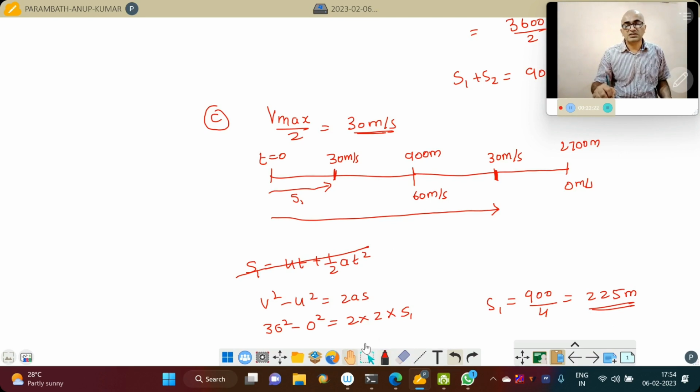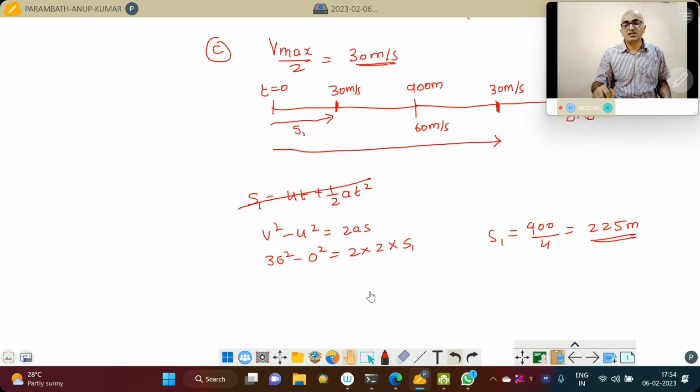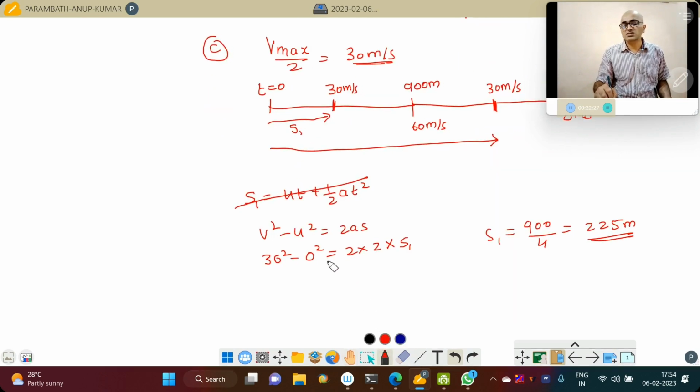Next time when it has 30 meters per second, I can find it out by finding this distance and adding it to that. That is, I will first find S2 dash and then find S2. How will I find S2 dash?